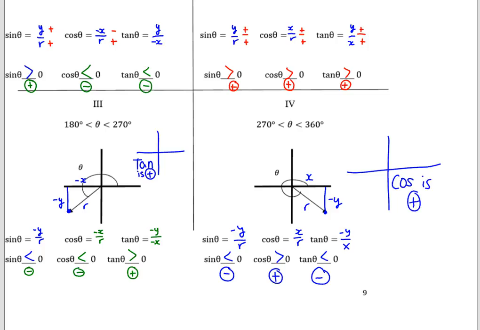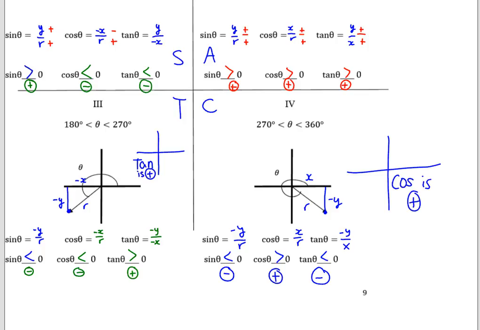And so that's where we get CAST. So for CAST, we start at the fourth quadrant and go C, A, S, T. It's going to help us figure out which ratios are positive in which quadrants. So notice they're all positive in quadrant 1. Cosine is positive in both quadrant 1, the quadrant where all of them are positive, and quadrant 4.